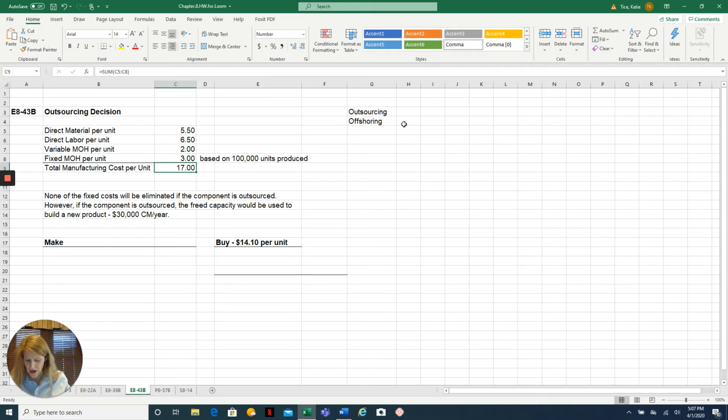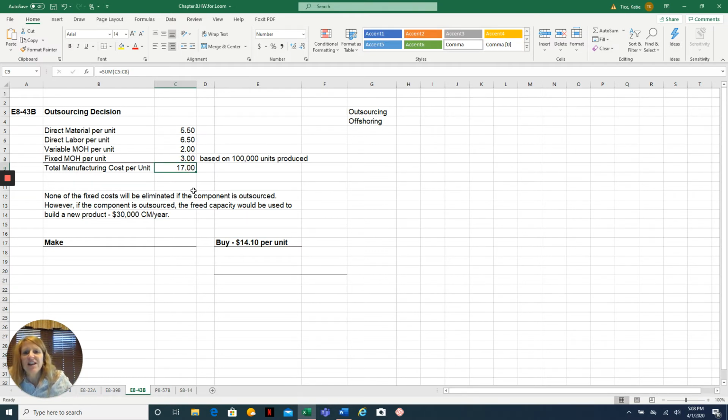In the first paragraph, it says that another company has offered to make the component at a cost of $14.10. When you see the $14.10, that means we could buy the product for $14.10. You might automatically be thinking, yes, we should definitely do that. $14.10 is obviously less than $17.